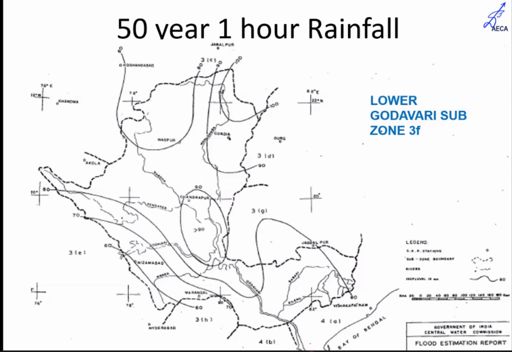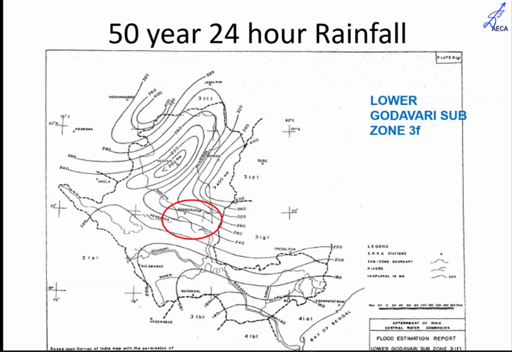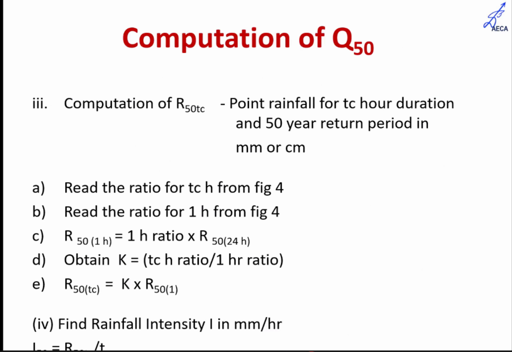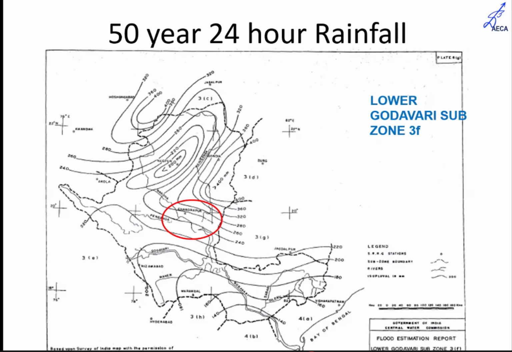So we have point rainfall with a 50-year return period for 1 hour duration, and also the point rainfall for 24-hour duration with a 50-year return period. For example, for this particular location of Wardha Nanded, rainfall comes to 25 centimeter per hour, and around 250 mm for 24 hours.